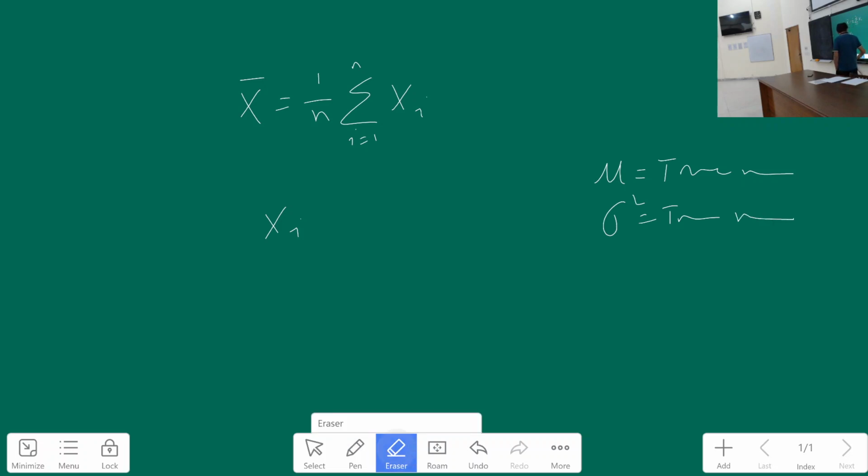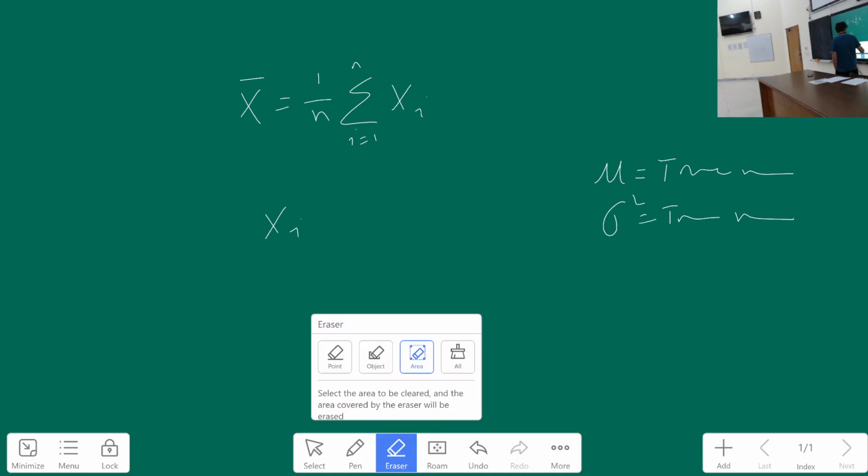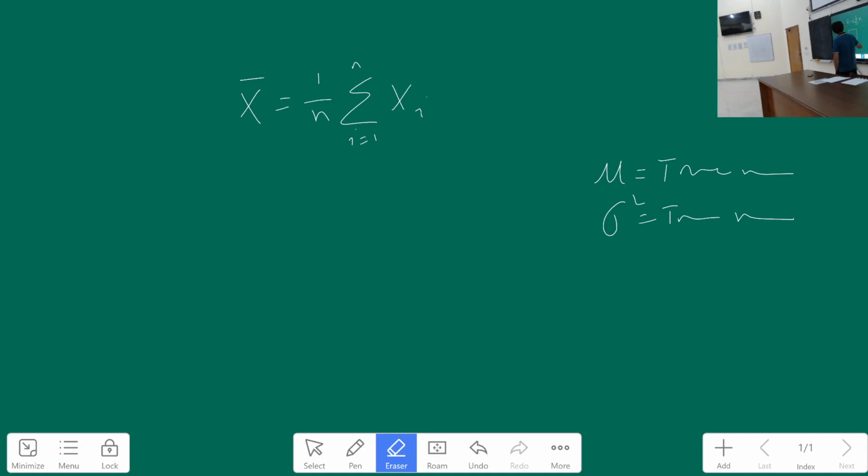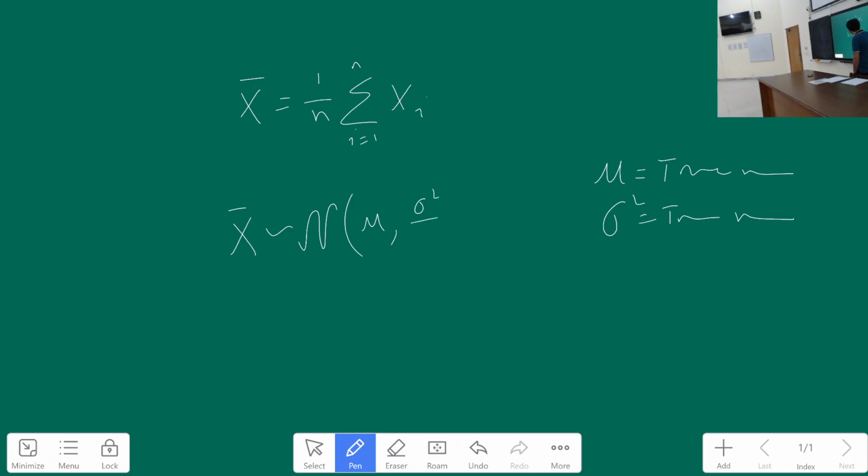Then we had shown that x bar has a Gaussian distribution. It's normally distributed with mean equal to the true mean and variance equal to sigma square over n, where n was the size of your sample. We discussed that in the previous two lectures.